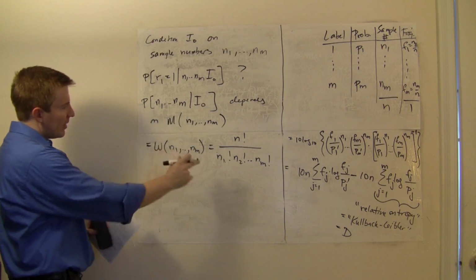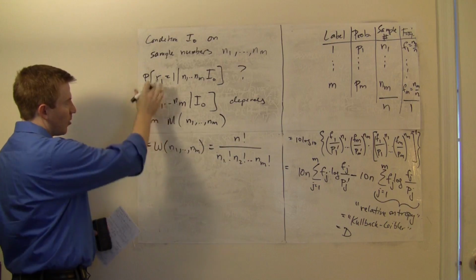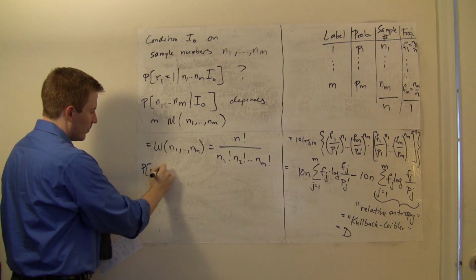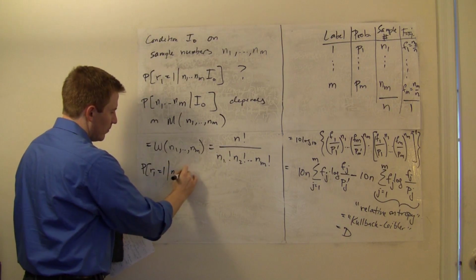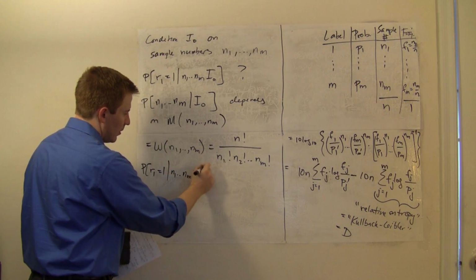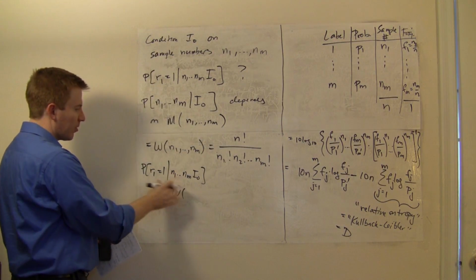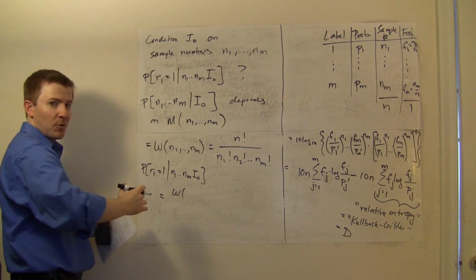So that's our probability in the denominator term. What's the probability of getting, let's say, R1 equals 1, conditional on these things? Well, that's going to come out to be basically the multinomial coefficient with an R1 that's restricted. So what do we have left?